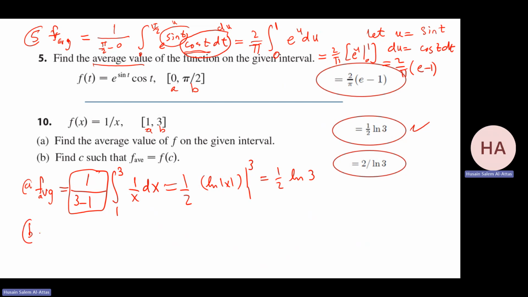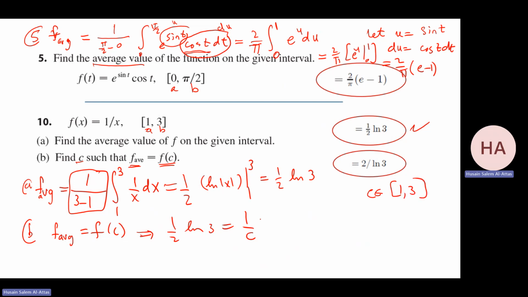Now part B, you want to find c such that f average equals f of c. So I need to check f average equals f of c. That means half ln 3 equals 1 over c. I need to find c, where c should belong to this interval, from 1 to 3.